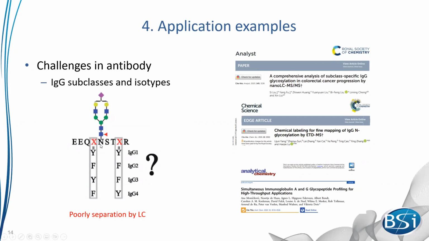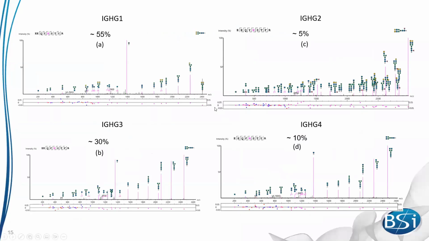In order to accurately separate these 4 different subclasses, which are difficult to separate by LC, we need to be able to get some good glycopeptide identification. So Glycan Finder is able to do this pretty accurately. You can see here that we have some good spectra showing the peptide that would allow us to separate IgG 1, 2, 3, and 4 here.